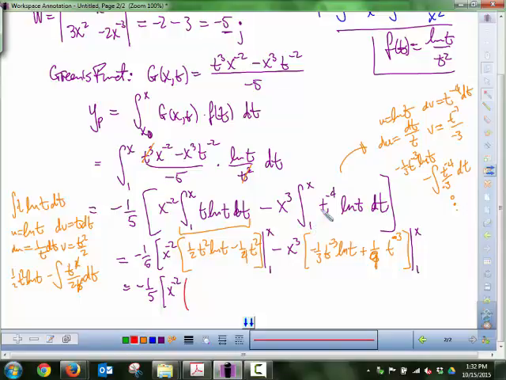So when you put x in there, it looks like it's just going to replace t's with x. So 1/2 x squared ln x minus 1/4 x squared. But then you have to also put 1 in there, right? Because this is a definite integral. And when we put 1 into the ln function, ln of 1 is 0. So that makes at least one of them go away.